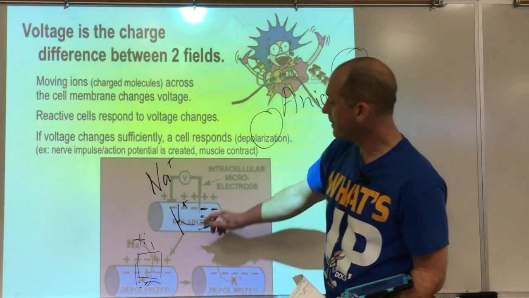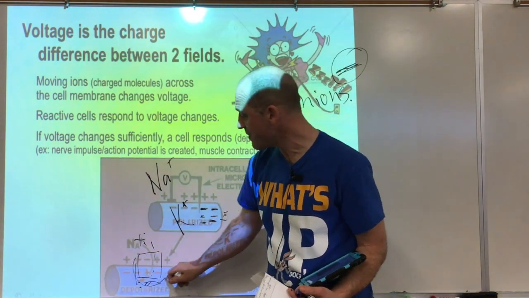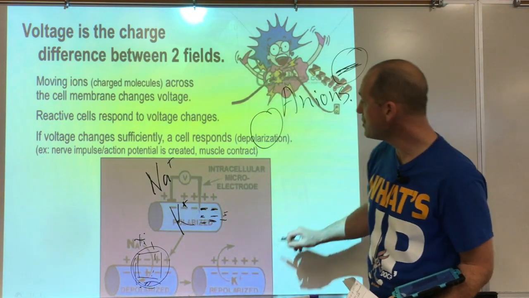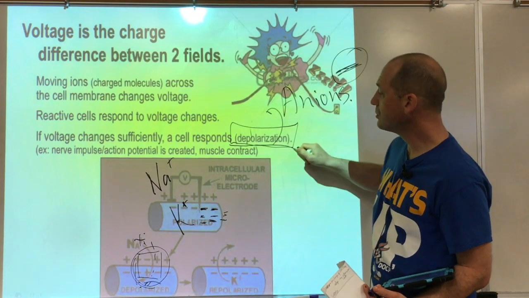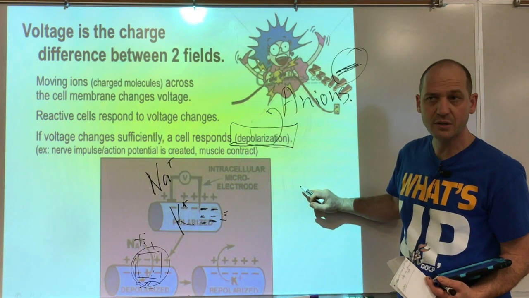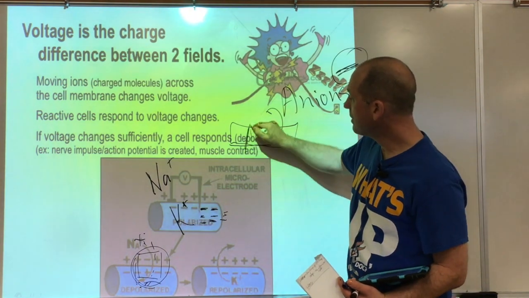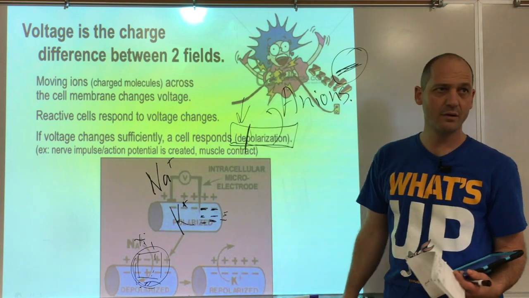And so, right here, that's a nerve impulse. And we use the word depolarization to describe that part of the process, because the word "de" means less of something.